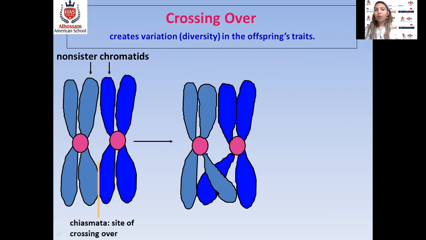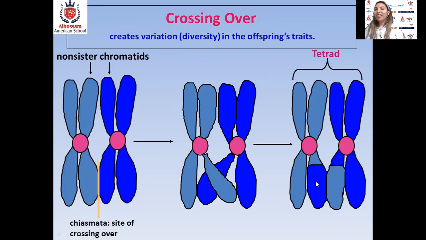They exchange segments internally. So we can see here another chromosome with other traits, another variation. Crossing over causes diversity, or variation, between people or between offspring.